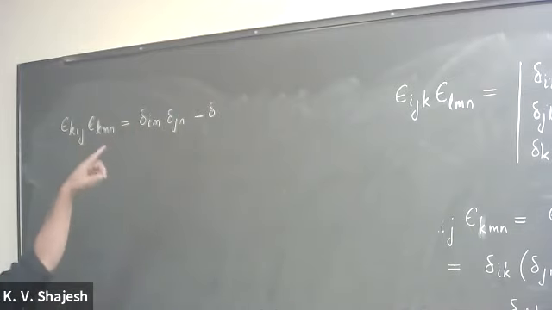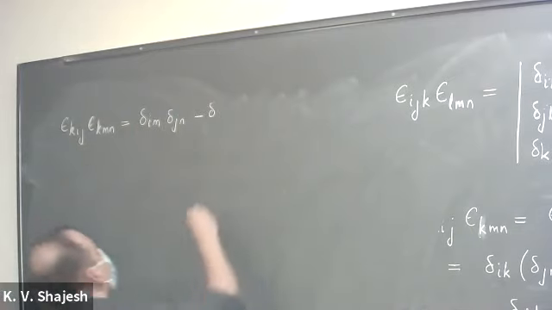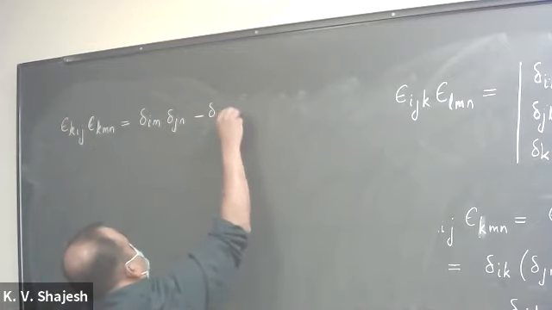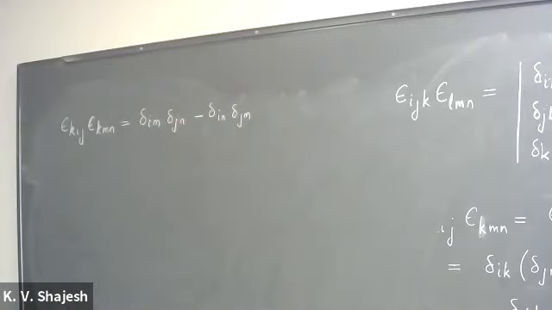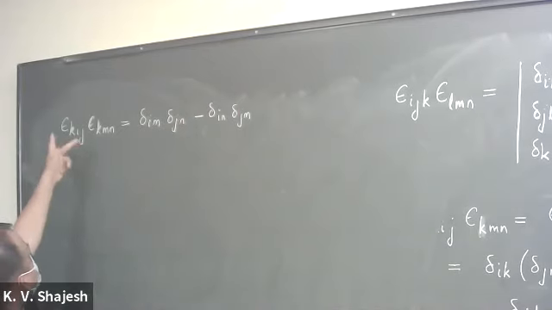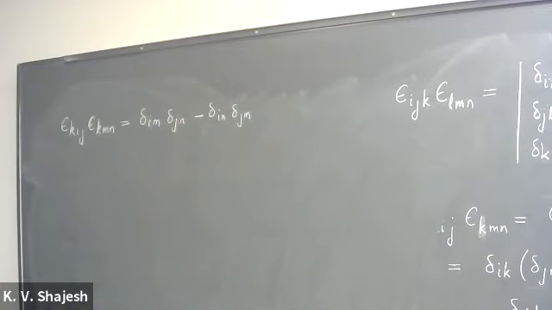Like 1 goes with 1, and then you just switch: delta i n delta j m. And remember, this should have an antisymmetry property. If I replace i and j, it should change sign. If I replace m and n, it should change sign, which you should be able to check on the right-hand side.